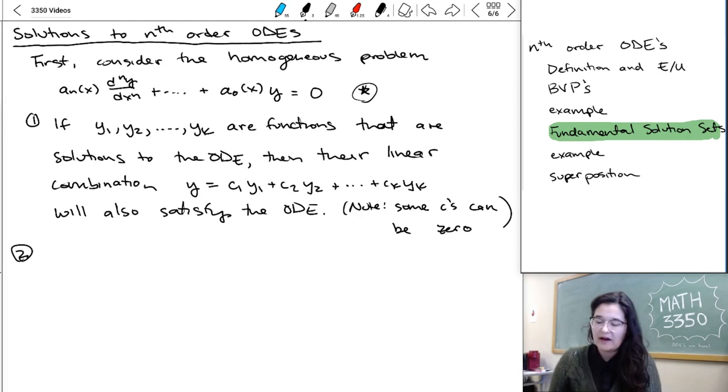And then once you've found this collection of functions that can solve the differential equation, there are two conditions we have to meet to make it a special kind of solution.